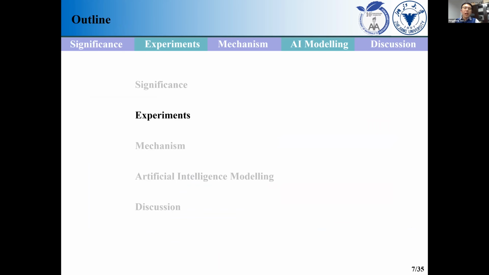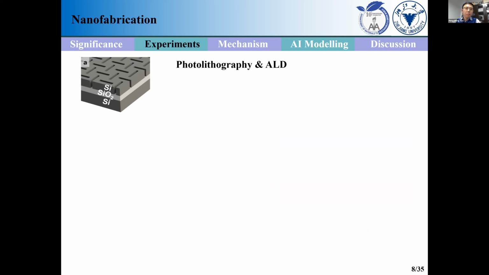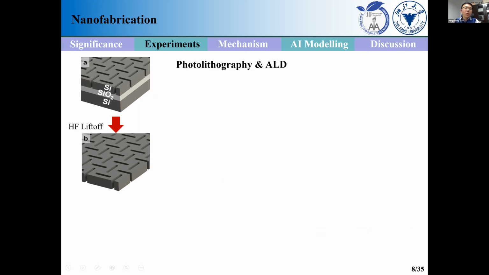So next, let's go to the experiments to see how we fabricate those plates. So we particularly use photolithography and ALD techniques to fabricate them at nanoscale. So first, we have the SOI wafer, and then we use HF liftoff technique to remove the middle layer and only keep the top patterned silicon layer.